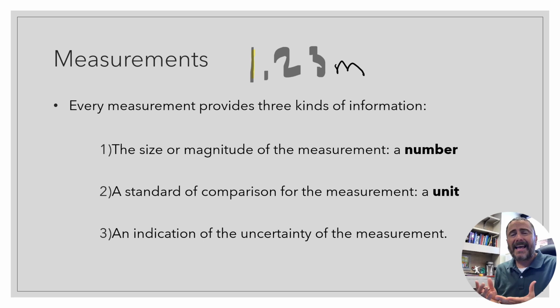It's somewhere in that range. Sometimes we give that uncertainty by saying it's plus or minus some value, and here I'm just putting in 0.01. We include our uncertainty when we report that measurement.